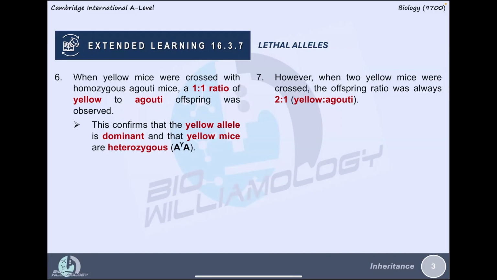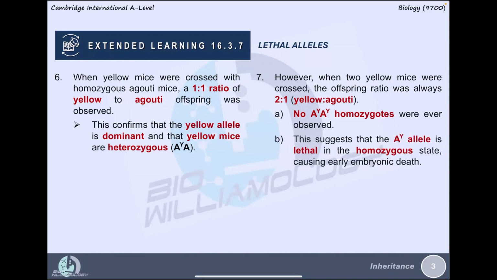But in this case, it is only 2-to-1 yellow to agouti. In the group of offspring, no homozygous dominant AY can be observed. So this suggested that the AY allele is lethal in the homozygous state, causing early embryonic death.